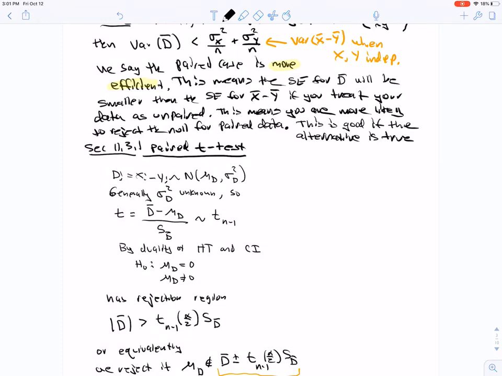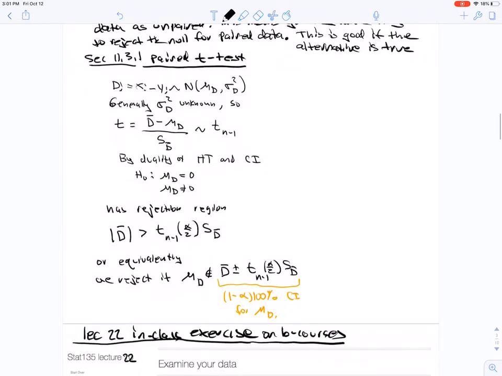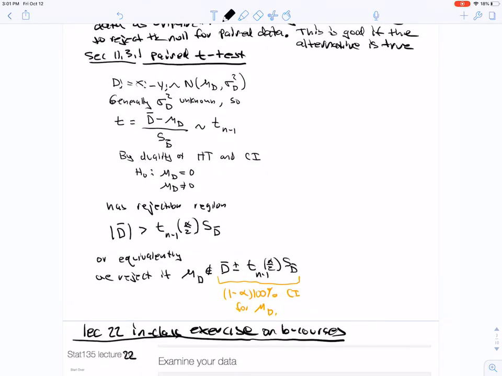And by duality of hypothesis testing and confidence intervals, we reject when the absolute value of D bar is greater than t with n minus 1 degrees of freedom, alpha over 2, times the standard error for D bar, or equivalently we would reject if the population parameter is not in your confidence interval.